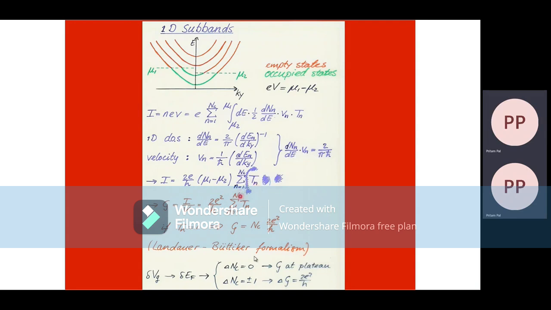So the conductance is then n times 2e² over h, where n is the number of occupied subbands. In the example here it's like 2, and some finite transmission coefficient. The finite transmission effects can be included, but for perfect transmission of unity, the conductance will just be given by n times 2e² over h, right?